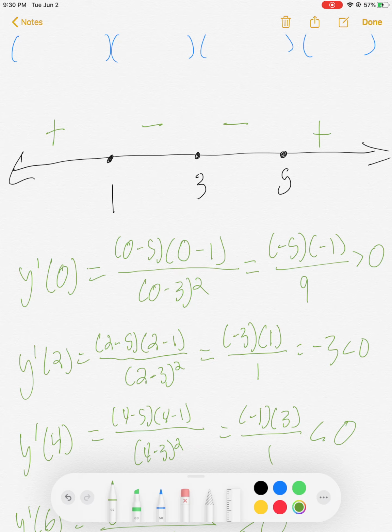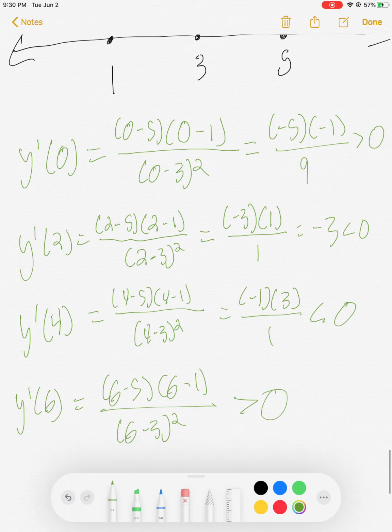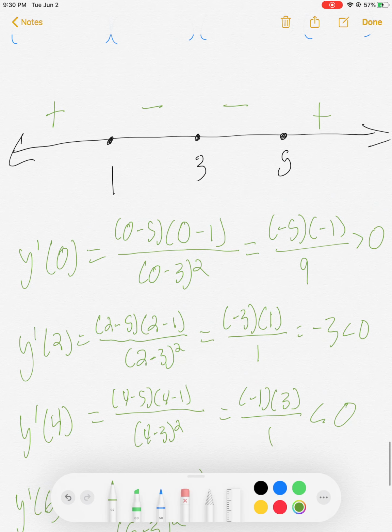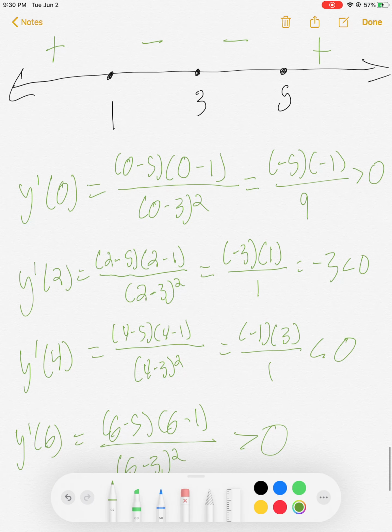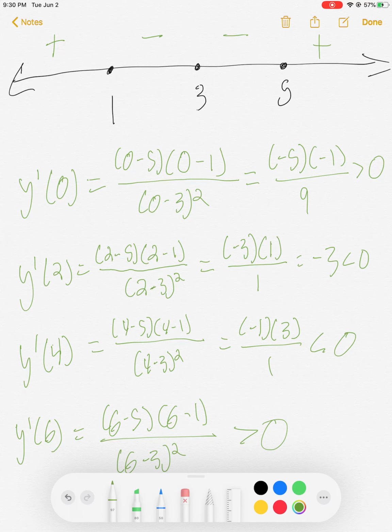So, looking at this information now, I can see that I have a local min at x equals 1. Okay. In fact, let me think about it actually. Instead of doing this the old-fashioned way, no, actually, never mind. We'll go ahead and do it the old-fashioned way.